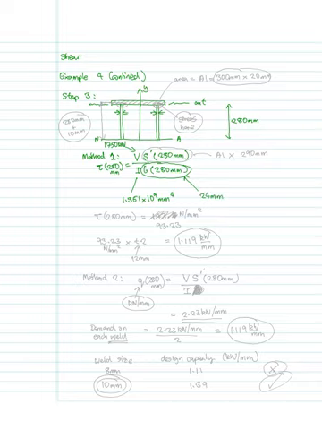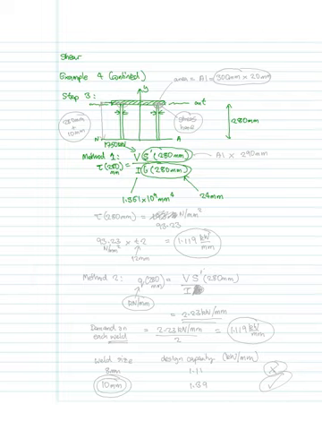And then all we need to do is to calculate this value S dash at 280, and that's going to be that shaded area multiplied by the distance of the centroid of the shaded area.